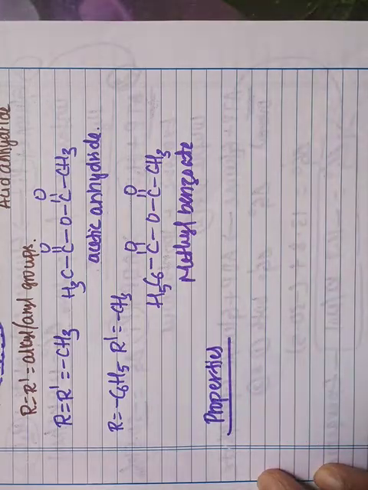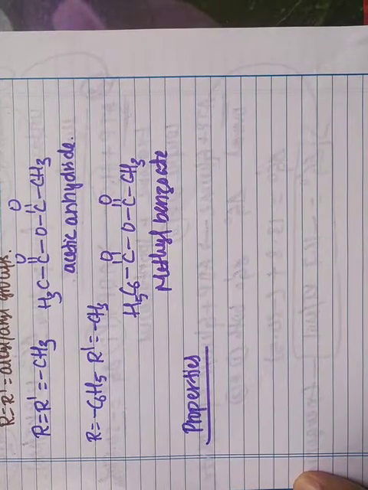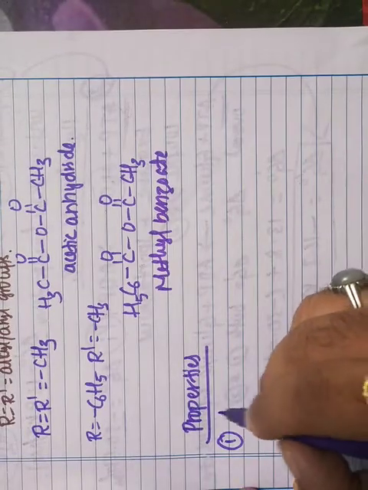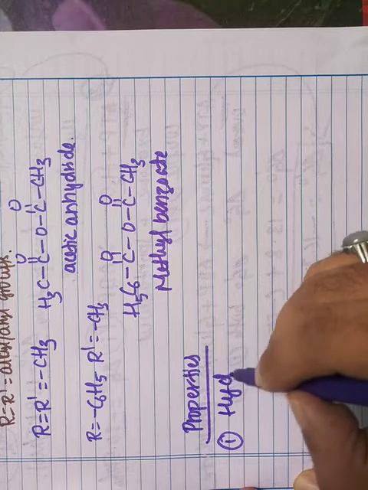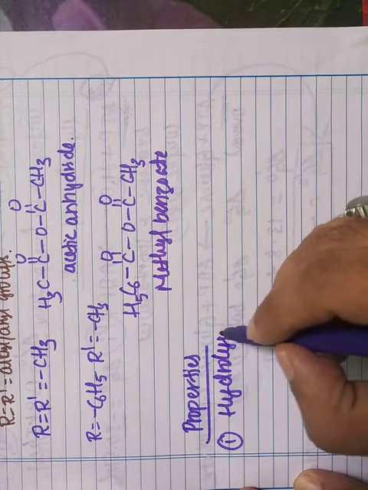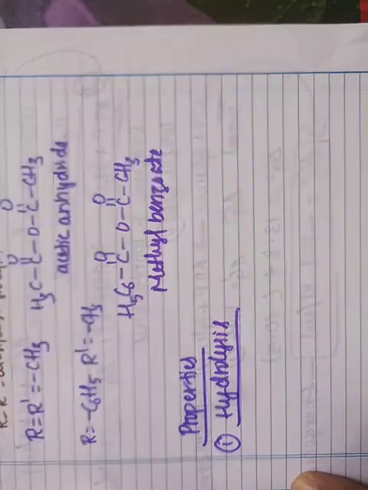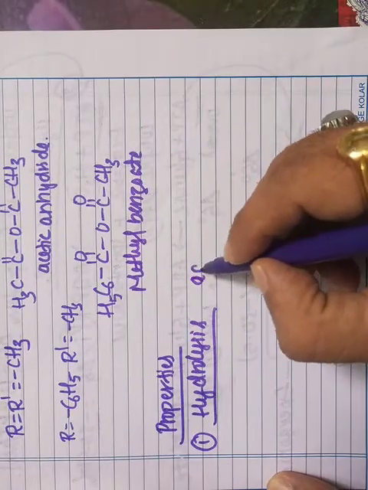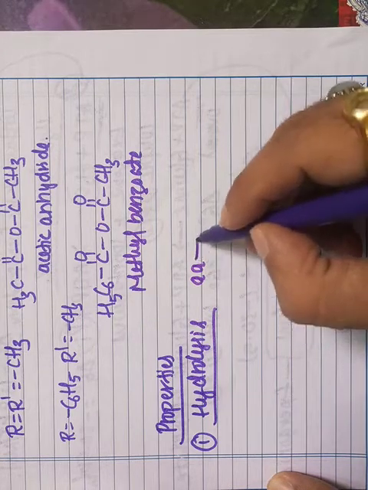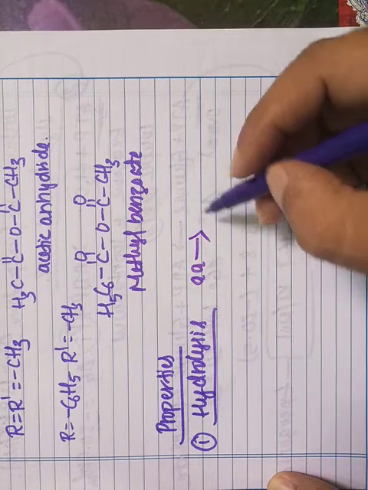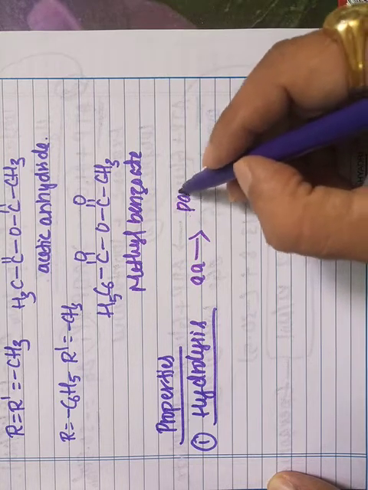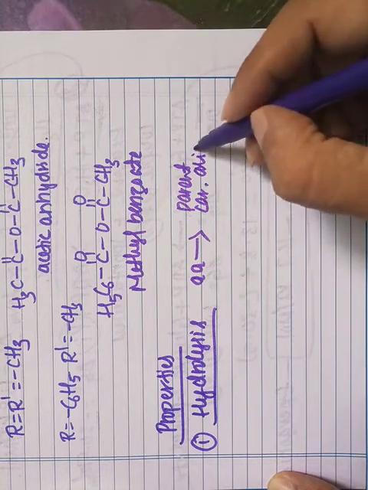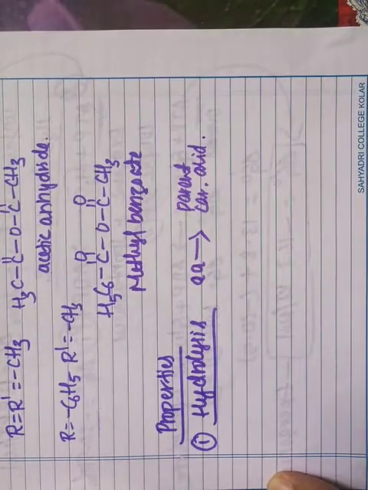The properties of acid anhydrides. First, let us see the hydrolysis of acid anhydrides. When acid anhydrides undergo hydrolysis, they form the parent carboxylic acid.